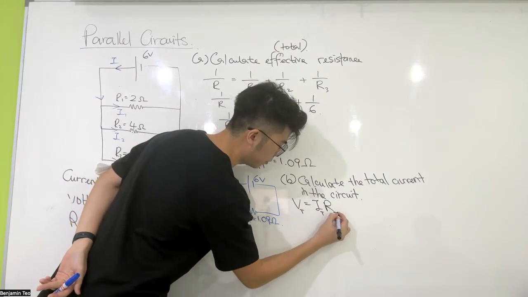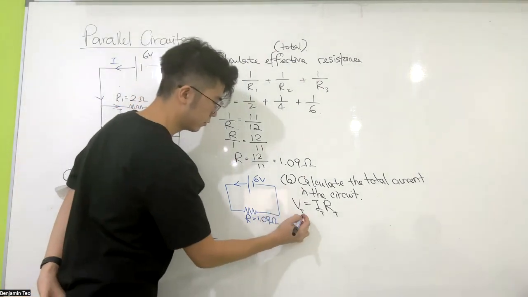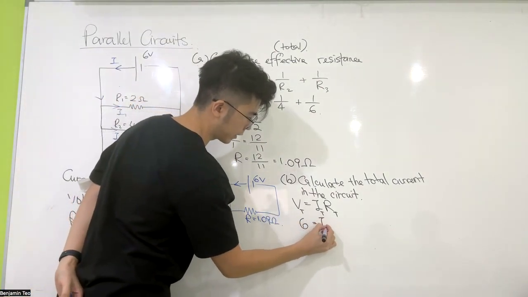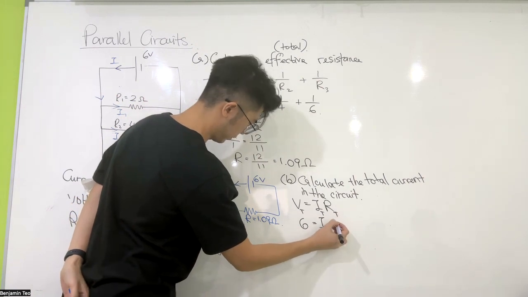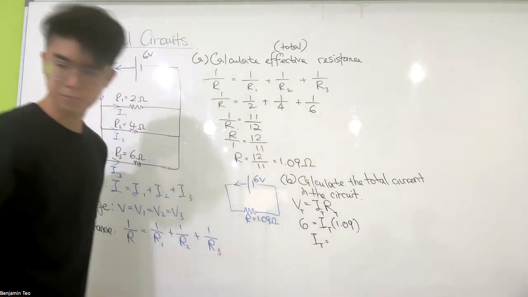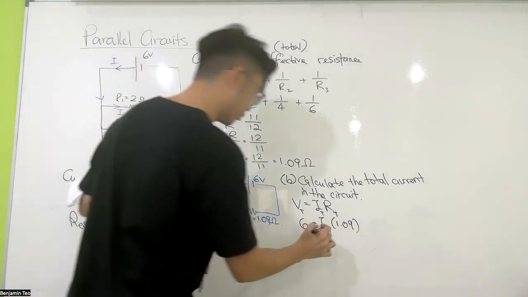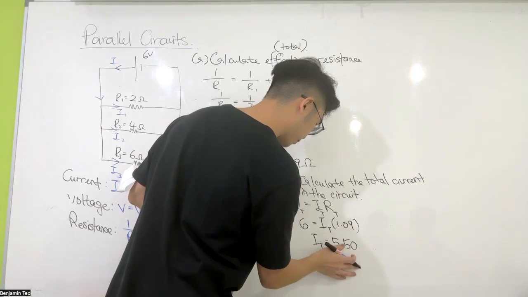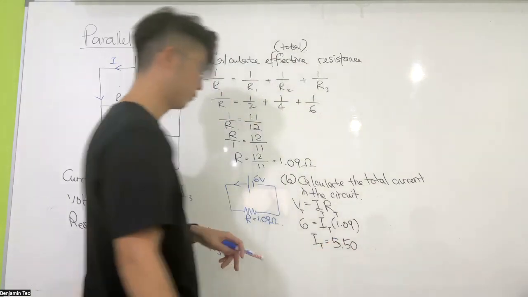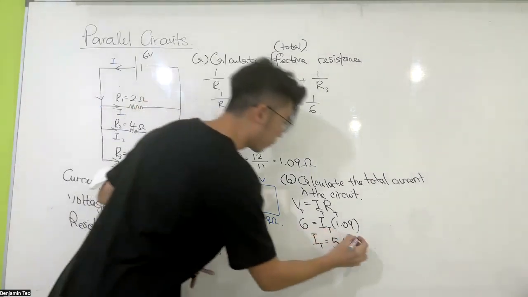All this will be total. 6 equals IT times RT, and RT is 1.09. So 5.50 ampere.